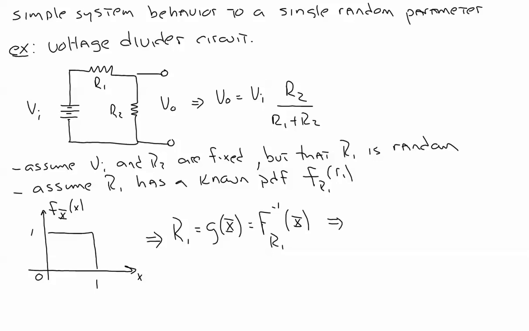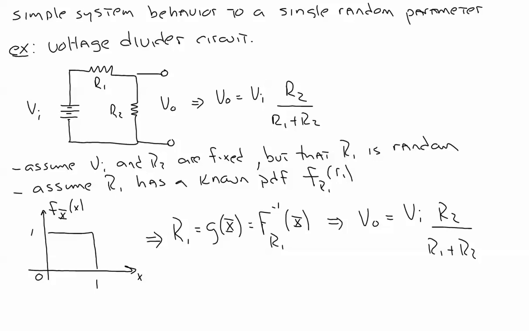And once we calculate a bunch of random resistor values, we're going to calculate a bunch of random output voltages using my voltage divider relationship.